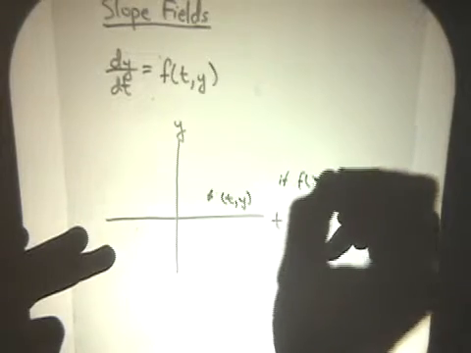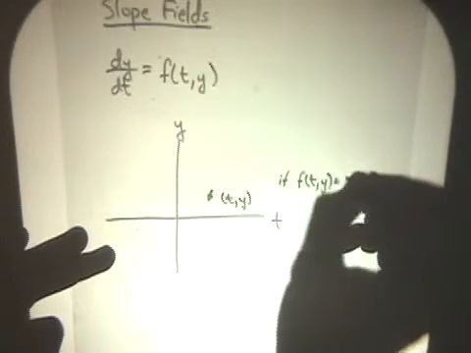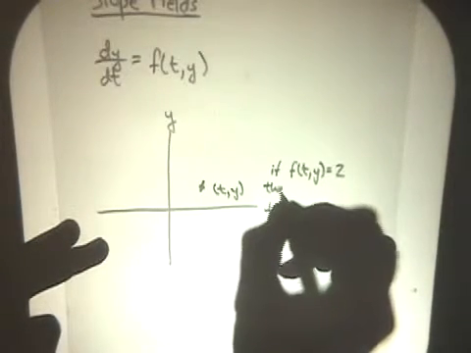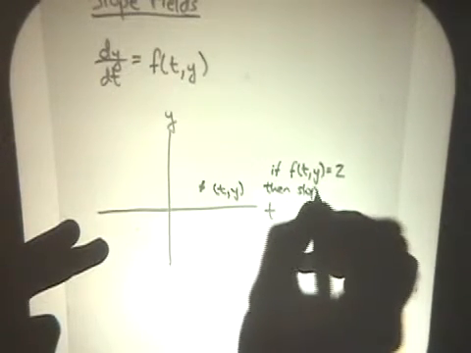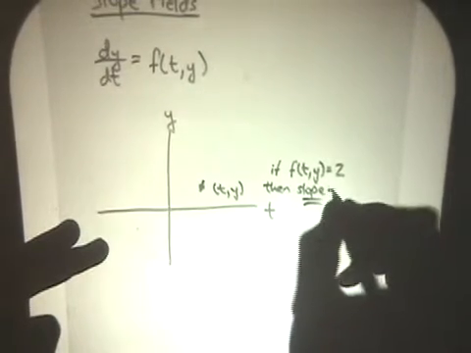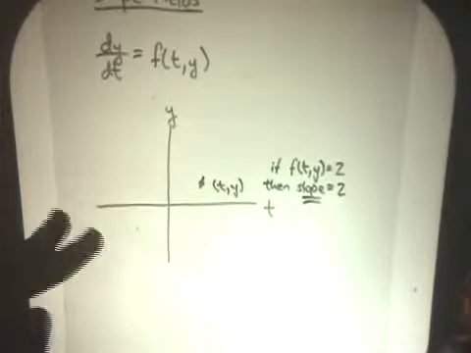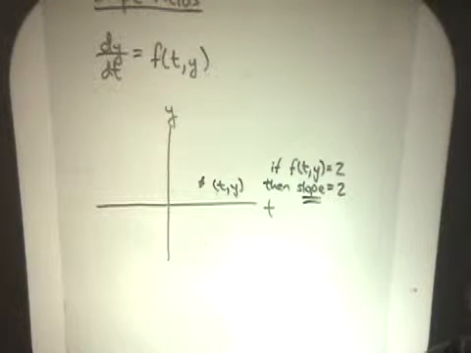If f of t comma y equals 2 at that point, then the slope, not the height or anything like that, the slope of that line segment is 2. And I imagine doing that at every single point in the plane. Now I can't literally do that, of course, because there are infinitely many points.